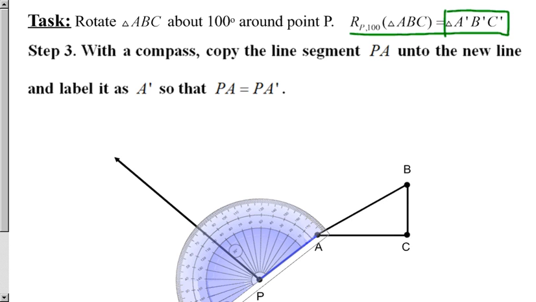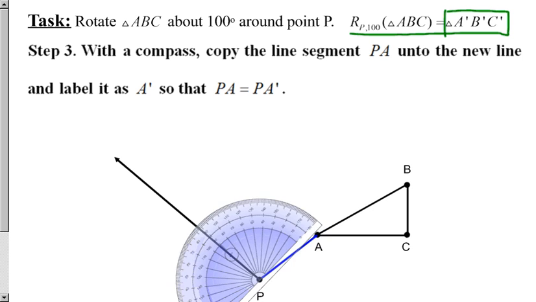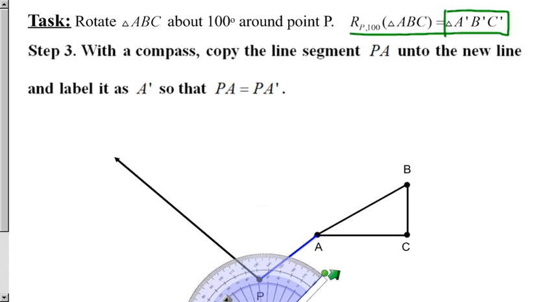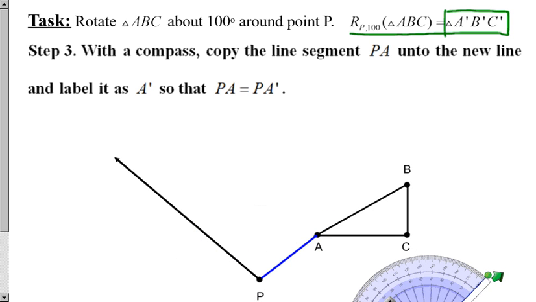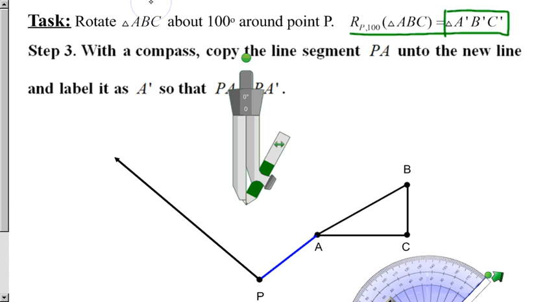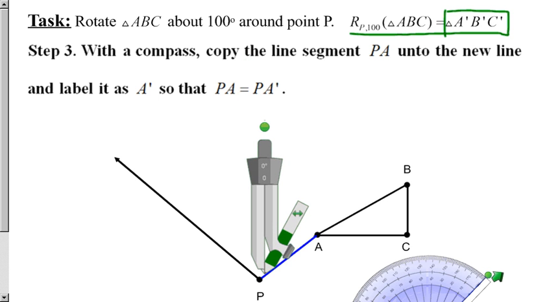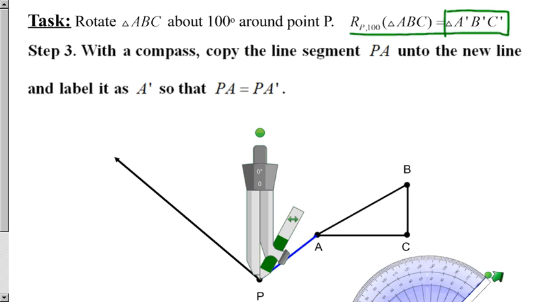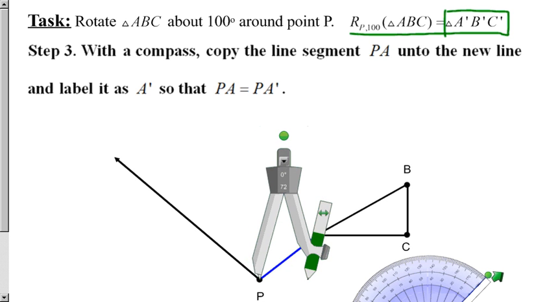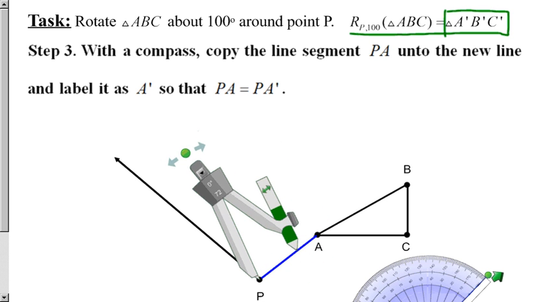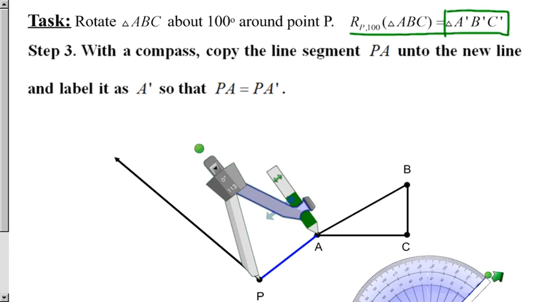Alright, so let me then get rid of the protractor for a second, and using my compass, I'm going to copy the line segment PA onto the new line that we just constructed.